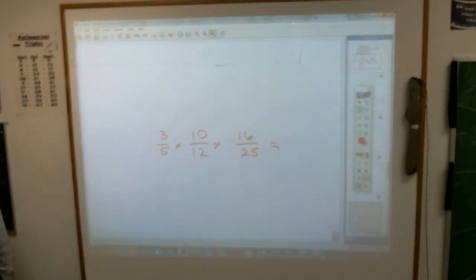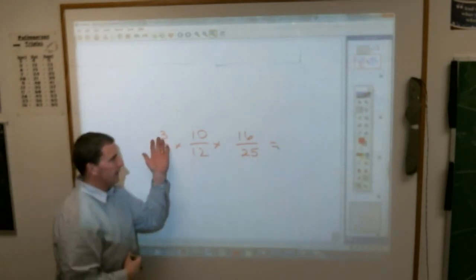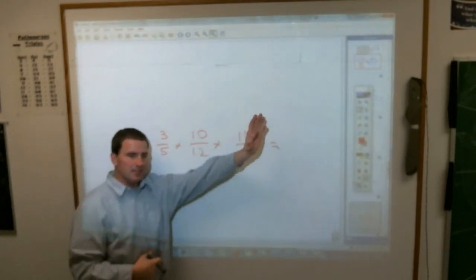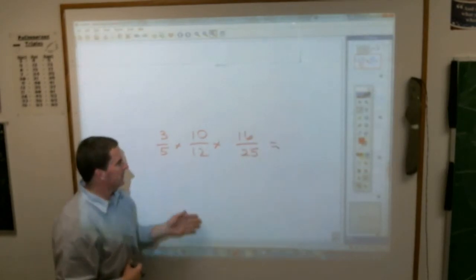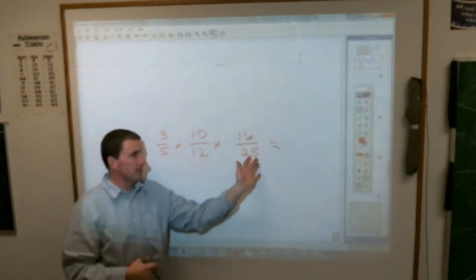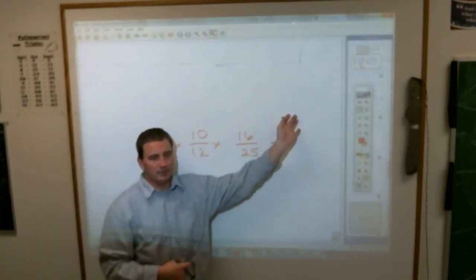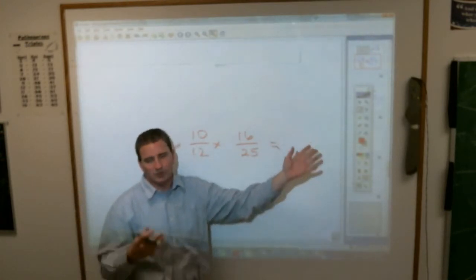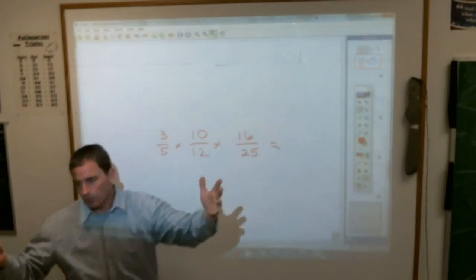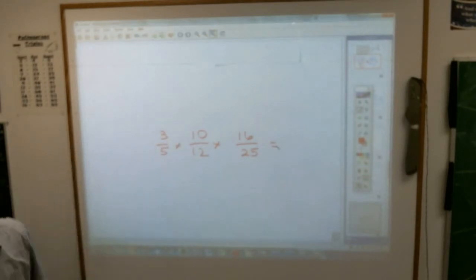I don't know about you, but multiplying 3 times 10 times 16 and getting 480, and then multiplying the bottom, 12 times 5 is 60, times 25 is 1,500, and then you've got 480 over 1,500, and then having to reduce it. It leaves yourself open to a lot of calculating mistakes.